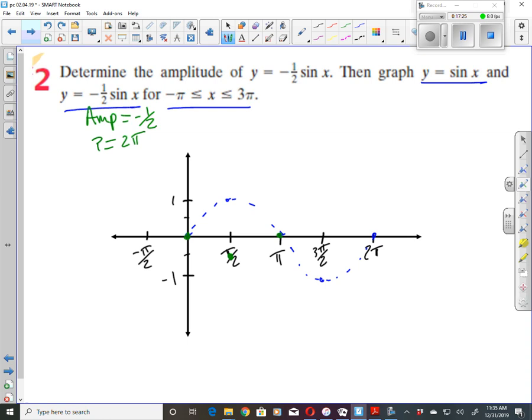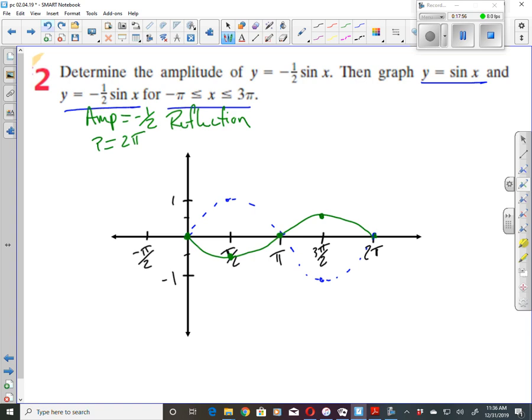Negative 1 times negative 1/2 is positive 1/2, and then 0. And again, you can see this graph changes. The graph has a reflection because of the amplitude of negative 1/2.